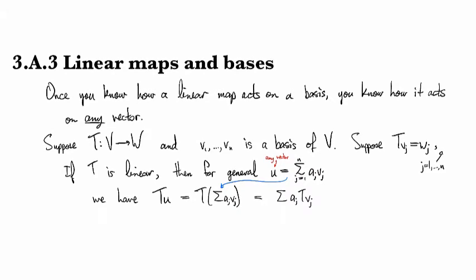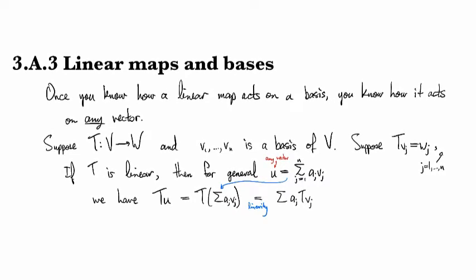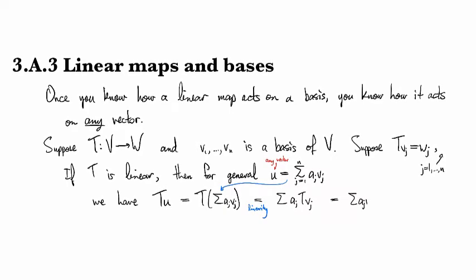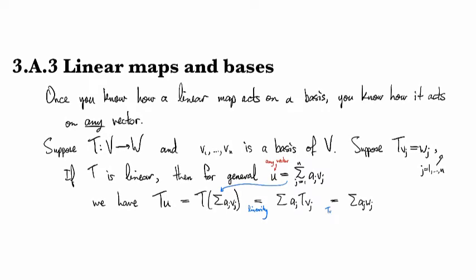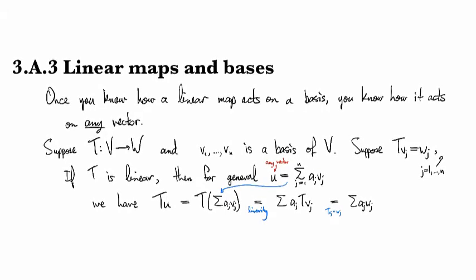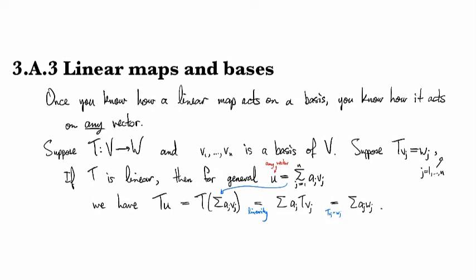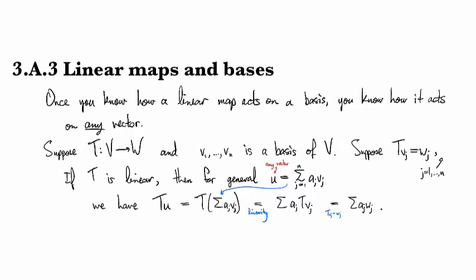So this is by linearity. And then I know what T of vj is. It's wj. Okay, and so I know exactly what T does to u.